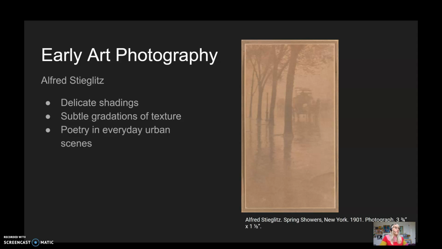The next photographer that we'll talk about is named Alfred Stieglitz, and you will be able to recognize his photographs by his use of delicate shadings, very subtle gradations of texture, and we can see sort of poetry in everyday urban scenes. So you can see there a horse and carriage, but it's very beautifully done.